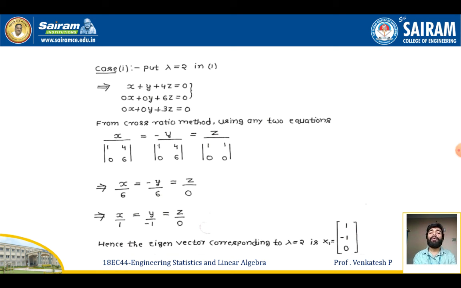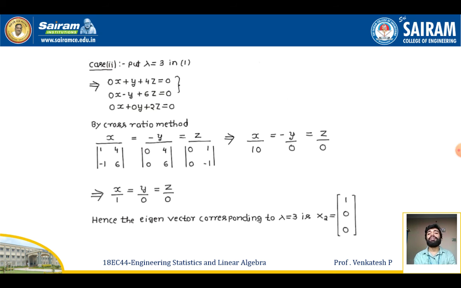Next, I am going to replace lambda equal to 3 in the same equation number 1. The equations will be 0x plus y plus 4z equal to 0, 0x minus y plus 6z equal to 0, 0x plus 0y plus 2z equal to 0. Again, to use the cross ratio method, take any 2 different equations, not the same one. For x, skip the x column and take 1 4, minus 1 6.